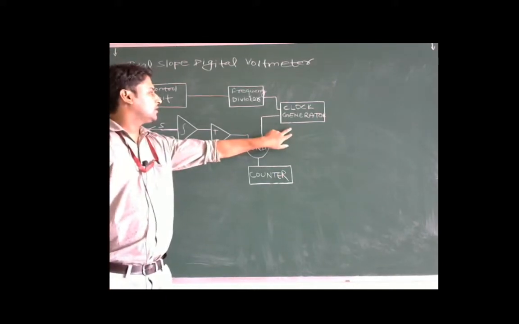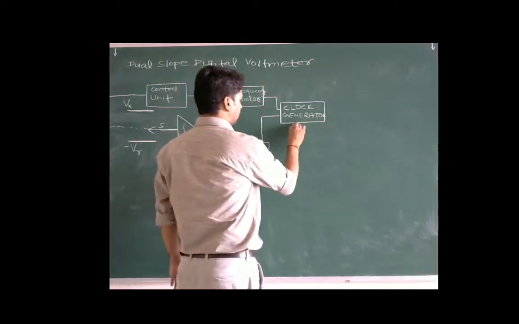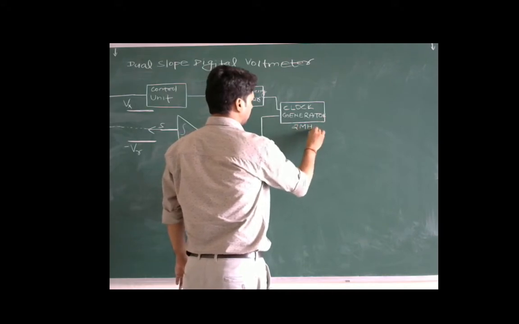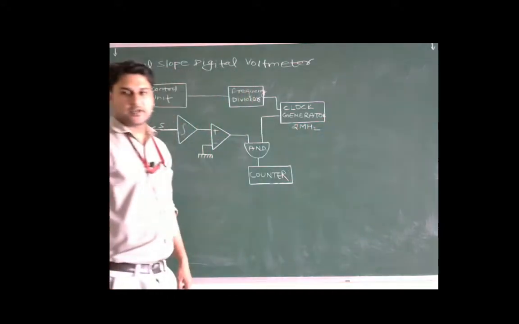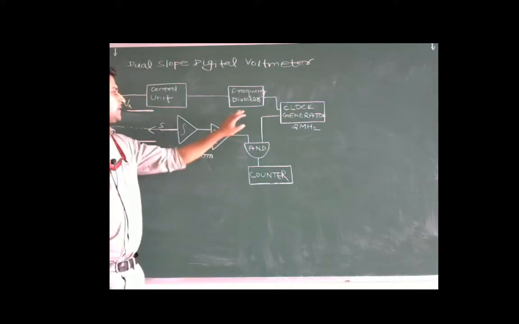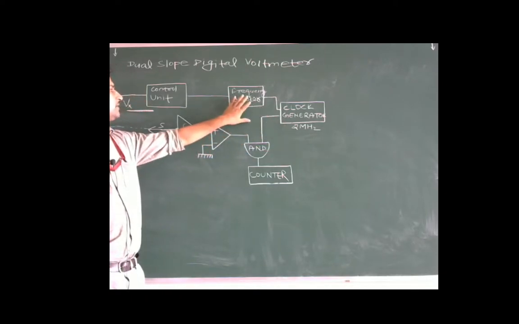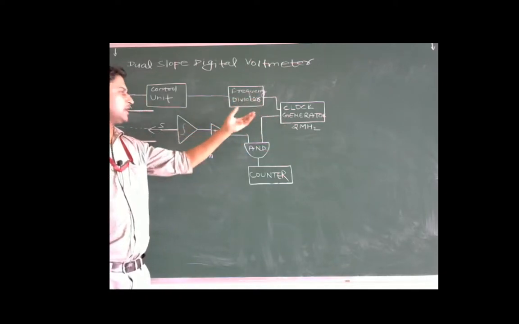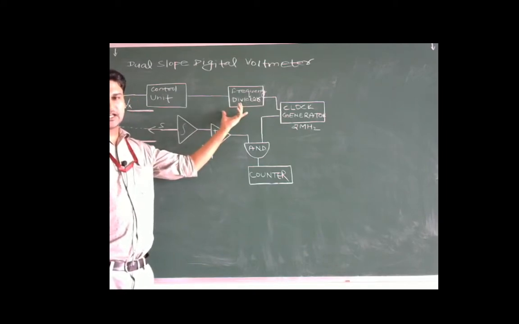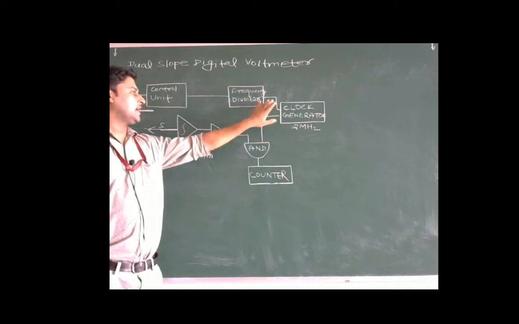Suppose the clock generator has a frequency of 2 megahertz. This frequency divider is nothing but a series of flip-flops connected in such a manner that they will divide the frequency of the input signal.